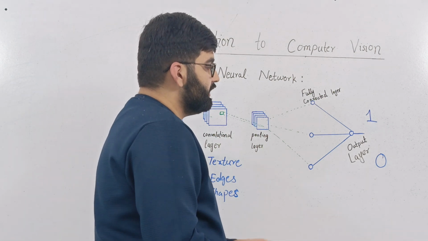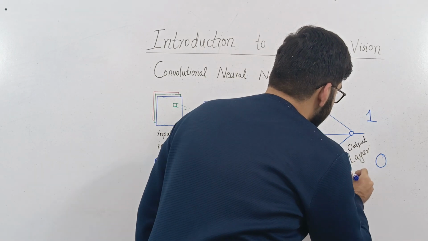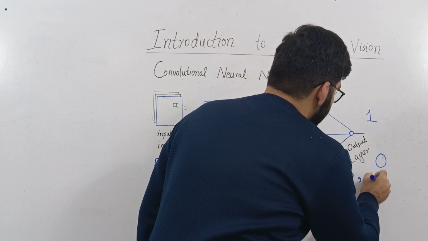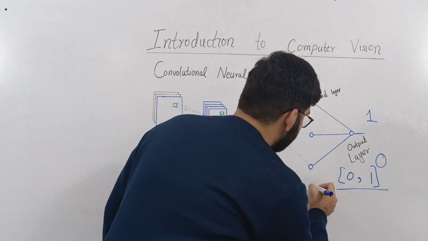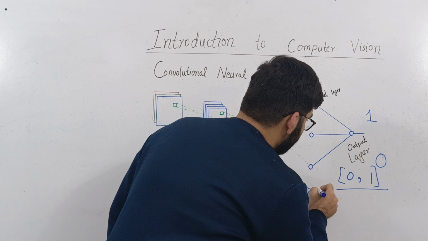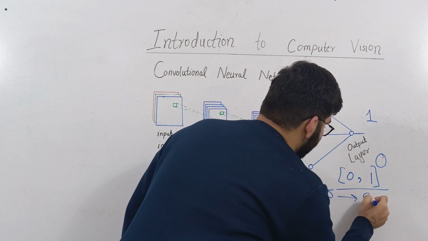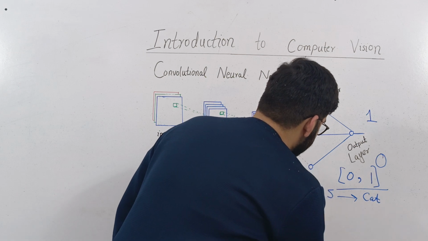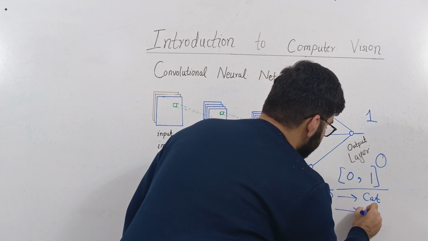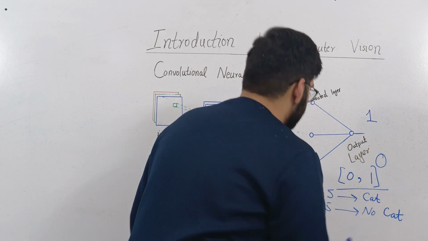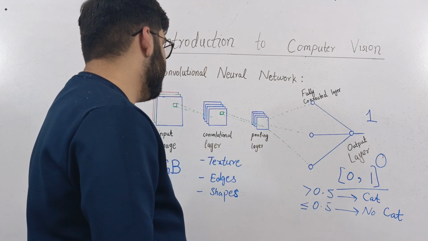So the output layer will produce a probability in the range 0 to 1. If the output layer produces a number greater than 0.5, we can translate it to a cat. And in case it is less than or equal to 0.5, we can translate it to no cat. This is the basic picture of a convolutional neural network.